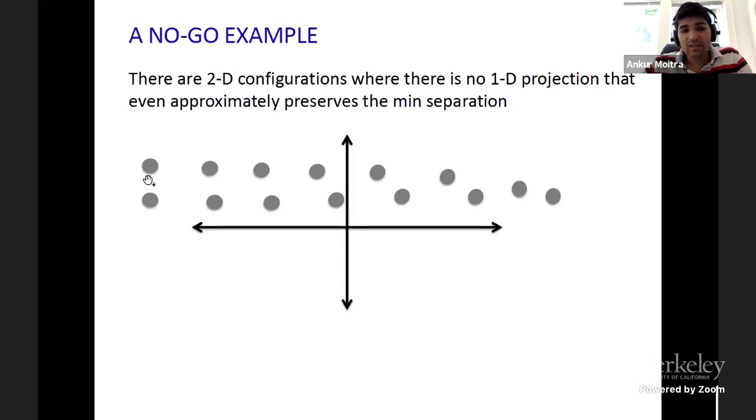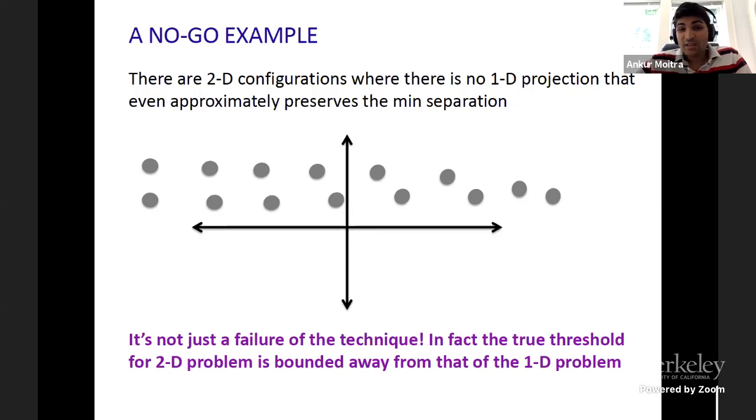They're going to be delta separated from each other. And then I'm going to create another pair that's far away, but I'm going to rotate it slightly. And then I take another pair and rotate it slightly, and so on until I cover all of the different angles. And now what happens is any 1D projection you choose, there will be a pair that almost collides on top of each other when you project onto that line.